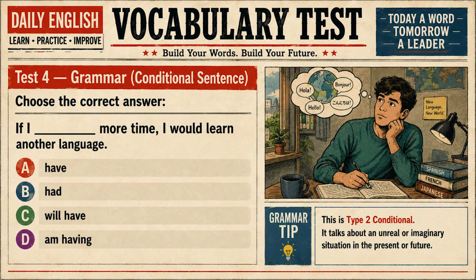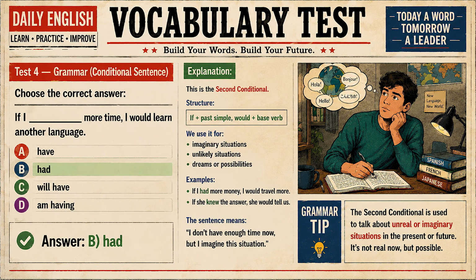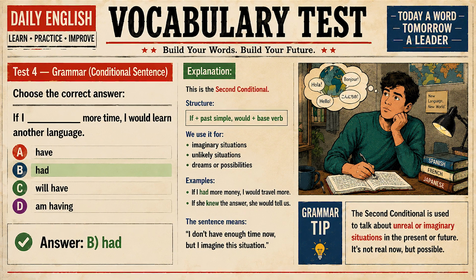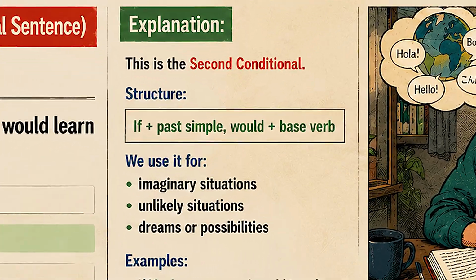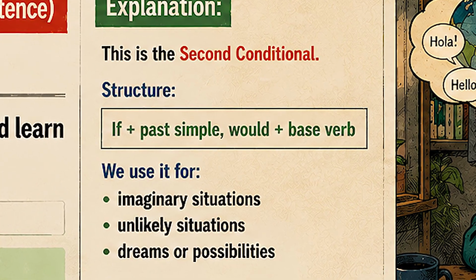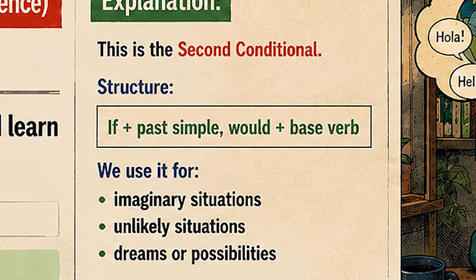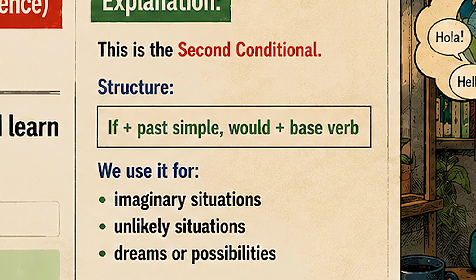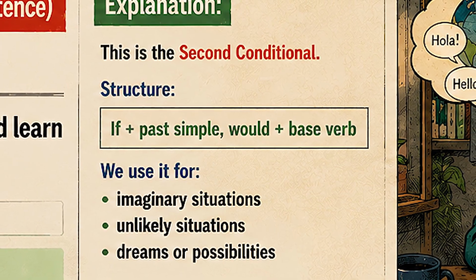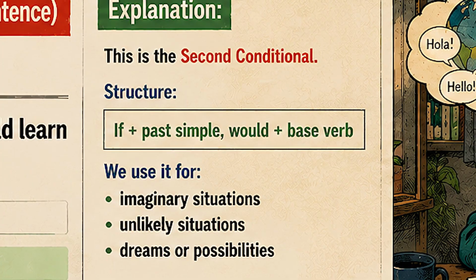Okay, the correct answer is B, if I had more time. If I had more time, I would learn another language. This sentence is an example of the second conditional. We use the second conditional when we talk about imaginary situations, unlikely situations, or dreams or possibilities.